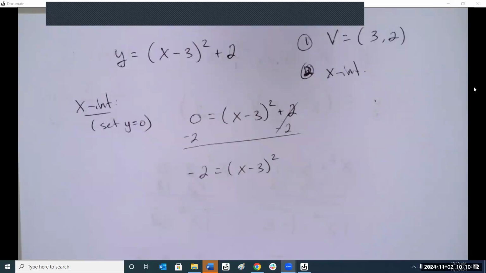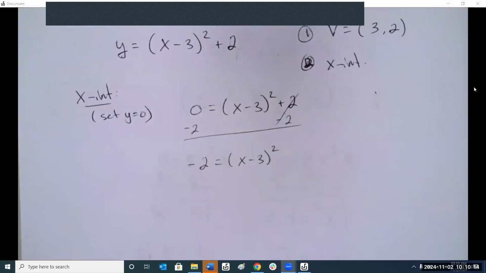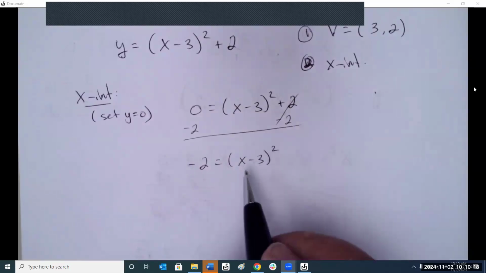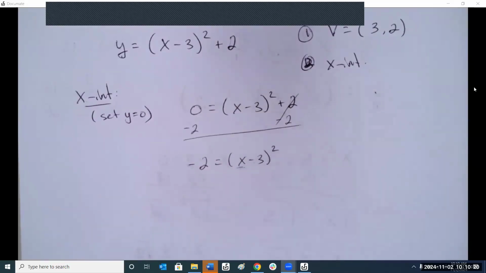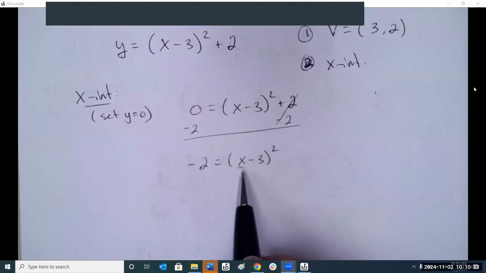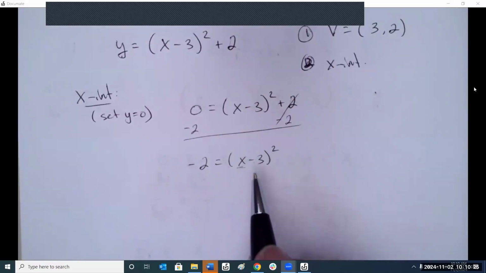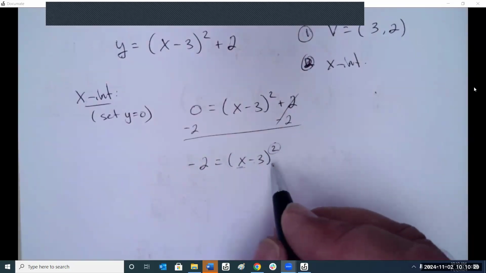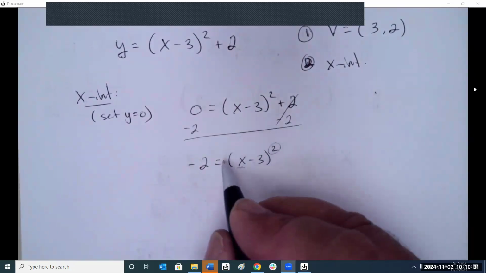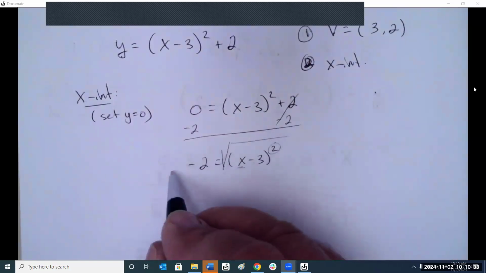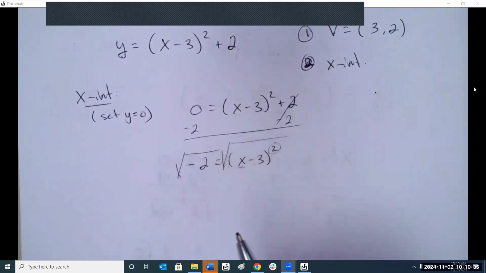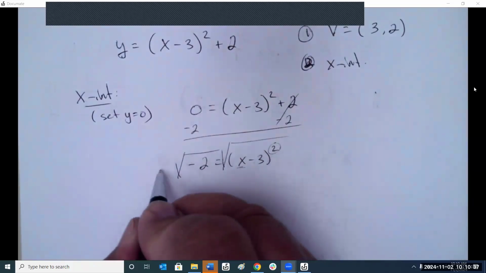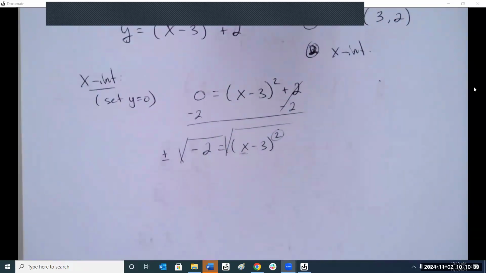Then what? I'm trying to solve for x. To solve for x, what do I have to get rid of? The square. How do you get rid of the square? Square root both sides. And because it's squared here, I have to put a plus or minus on the other side.